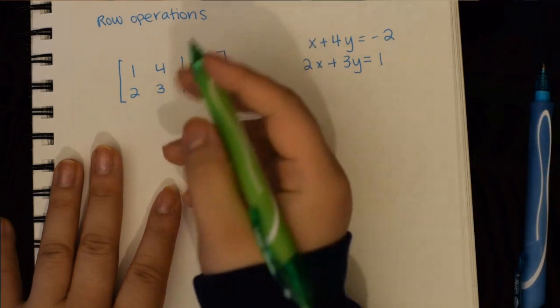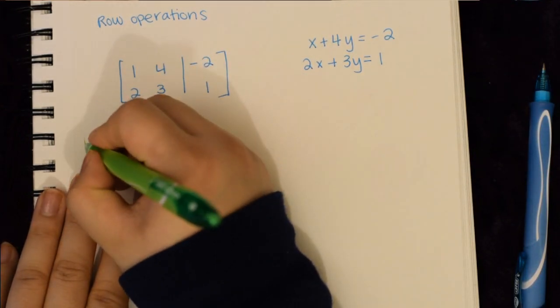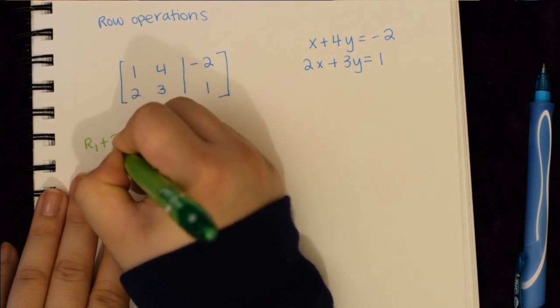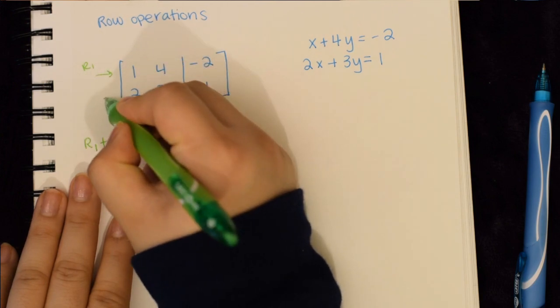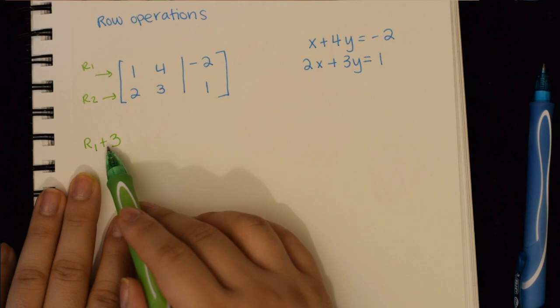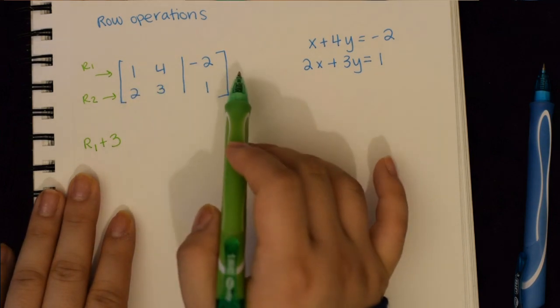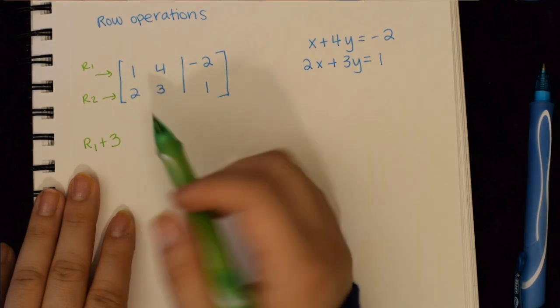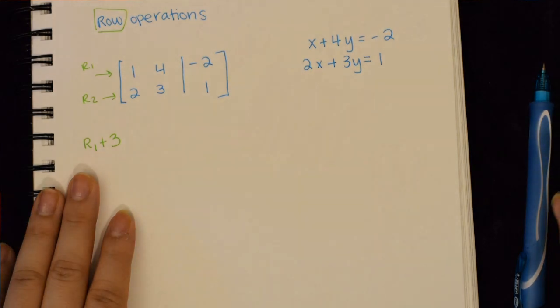So let's say I do row 1 plus 3, okay? So this is row 1 and this is row 2. When we write row 1 plus 3, we're talking about every element of the row, okay? We're not just doing one term, we have to do the whole row. That's why they're called row operations.